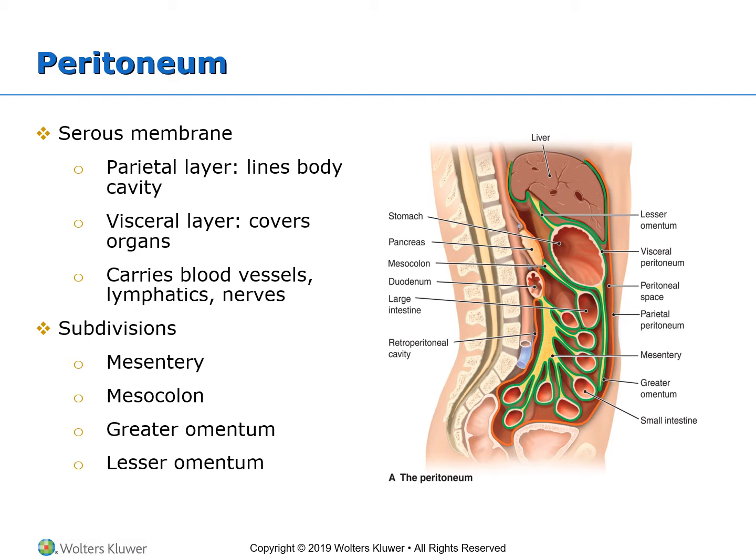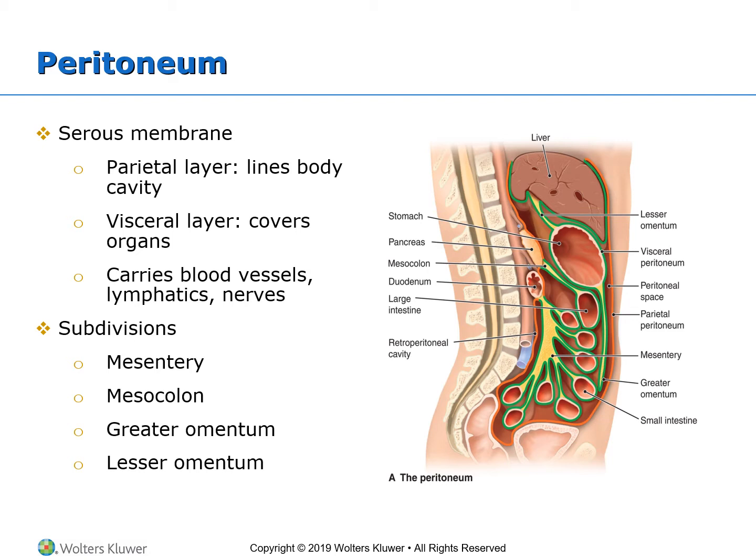Also, the duodenum is left outside, and the pancreas. You see that the rest of them, the large and small bowel, stomach, and liver, are considered intraperitoneal organs. And that's important to know in terms of understanding how signs and symptoms of some conditions will develop based on this position.